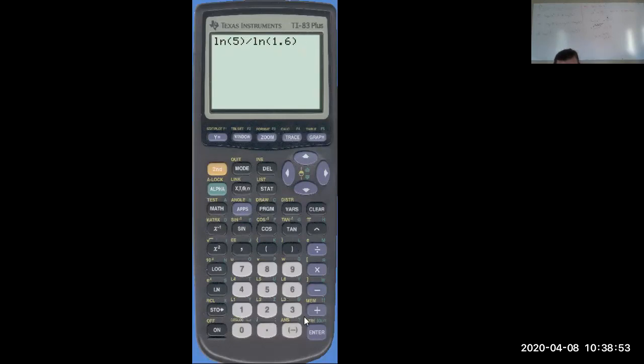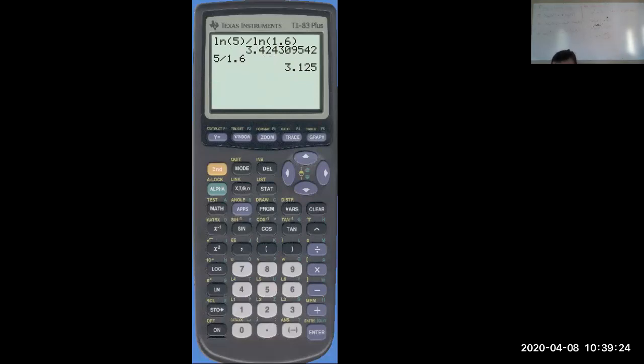So I get about 3.42. If I could cancel those ln's, then this would be the same as 5 divided by 1.6. Let's see what 5 divided by 1.6 is. 3.125. Not the same number, right? Not even close. So you cannot cancel those ln's.